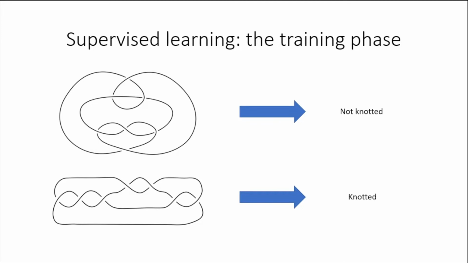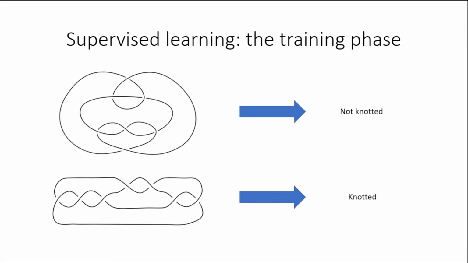And the computer somehow tries to understand what the difference is between this class and that class of data, between the diagrams which are the trivial knot and the diagrams which are non-trivial knots. And after that, you want to use this agent which has learned to distinguish between diagrams which are knotted or not knotted.